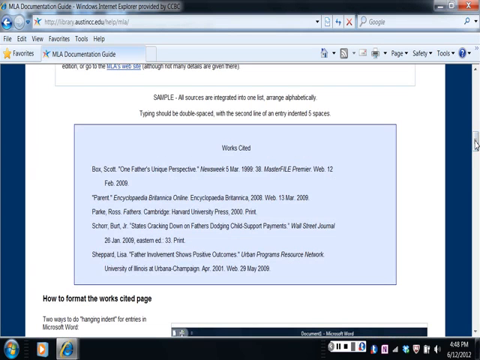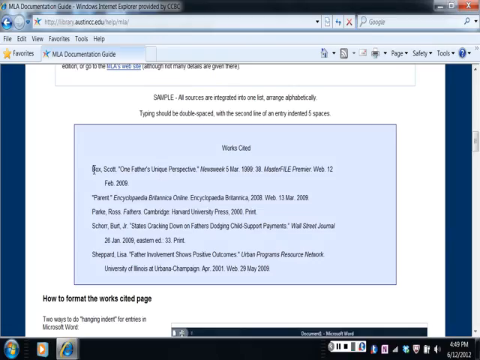Now, a very, very important thing to remember is whatever appears over here as the first thing is also the thing that has to be in parentheses. The citation in the parentheses has to match the first thing on your works cited list. So you can't put one father's unique perspective in your parentheses, because when I see one father's unique perspective in the parentheses, that's the first thing I'm going to look for on your works cited list. And lo and behold, I'm not going to find that.